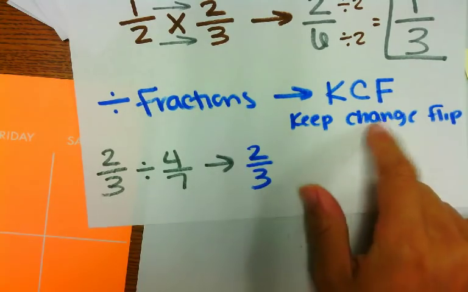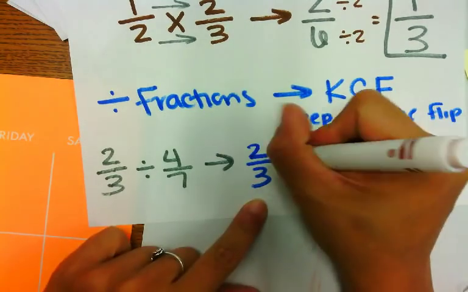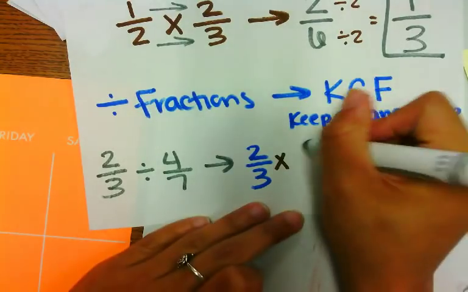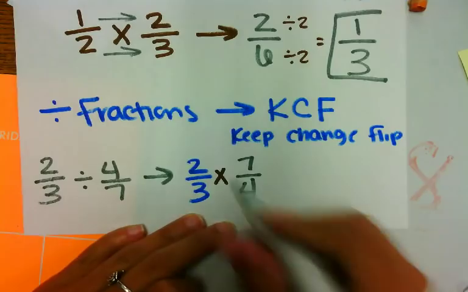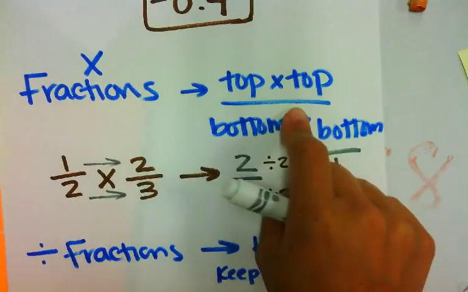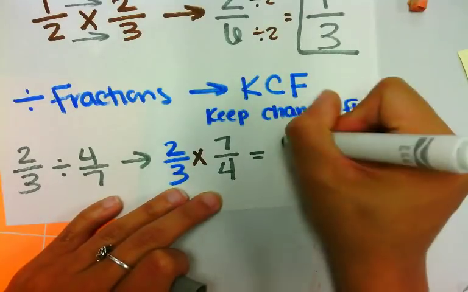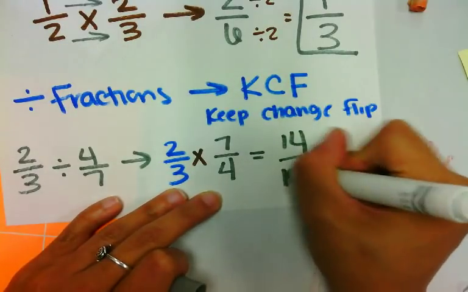I'm going to change my division to a multiplication, and then I'm going to flip my second one, and then now I have a multiplication symbol, so I go top times top, bottom times bottom. 2 times 7 is 14, and 3 times 4 is 12.